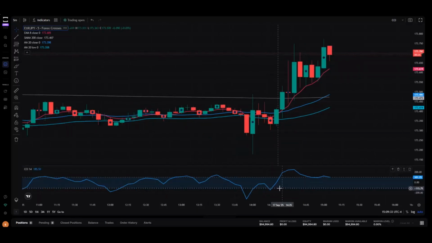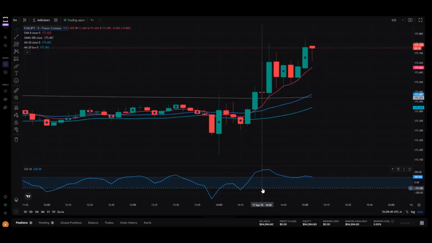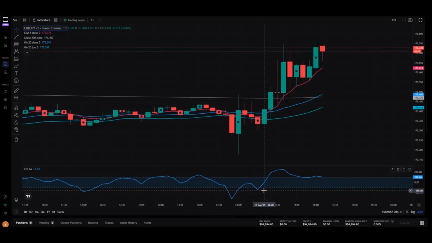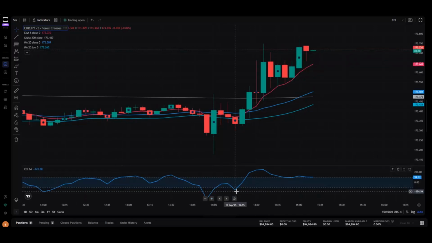What we see on the CCI is two parallel lines. We have the positive line at the top, and a negative line at the bottom. So, we have the positive 100 and the negative 100. And what the CCI does is give you the probability of the direction of where the market's going to go. So if we look at the bottom here, for example, in this area, we notice that the CCI line crossed over the positive 100.